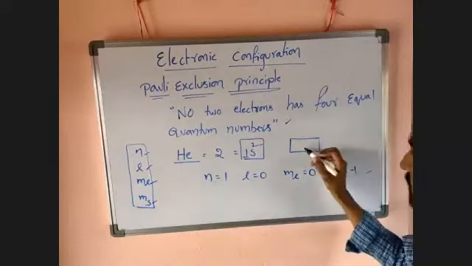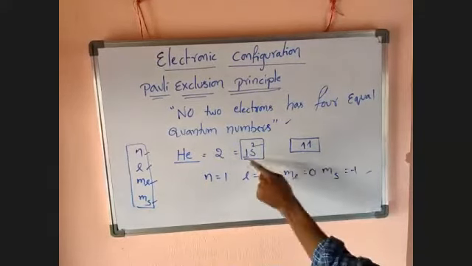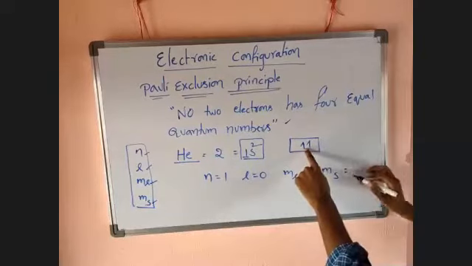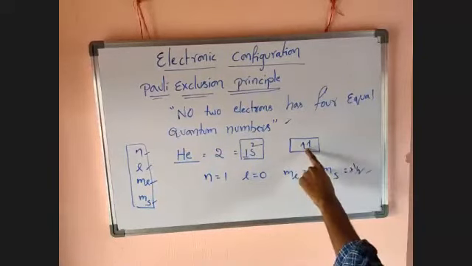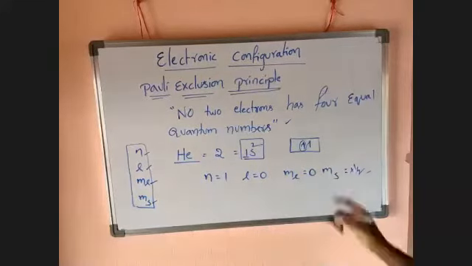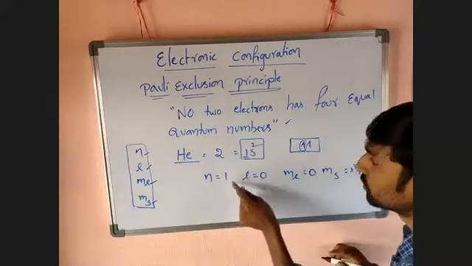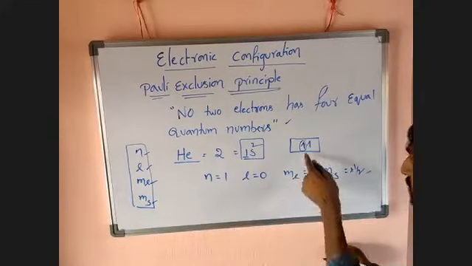Why? Because if you take 1s2 like this, one electron of 1s2 has these quantum numbers. Understand, guys? Total 2 electrons are there. For one electron, n equal to 1, l equal to 0, ml equal to 0, ms equal to plus half.